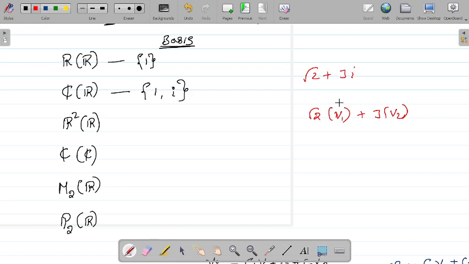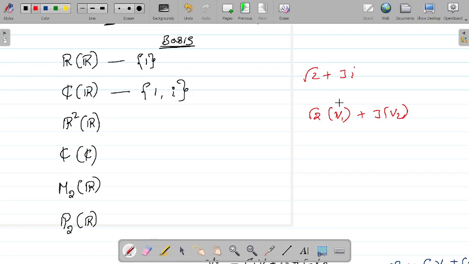In other words, -1 times v1 plus 0 times v2. That's it. See, -1 is anyway available in the scalar set. So -1 times 1 will give you -1. That's it.